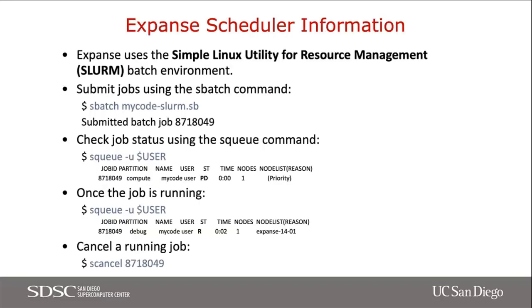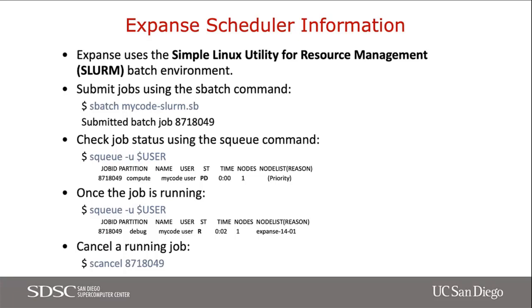So in terms of scheduling, Expanse uses Slurm just like Comet. It's a much newer version of Slurm, so there are additional features and additional strict enforcement of limits and so on. I'll talk about that a little bit. But the usual Slurm commands will work. So submit jobs using sbatch.